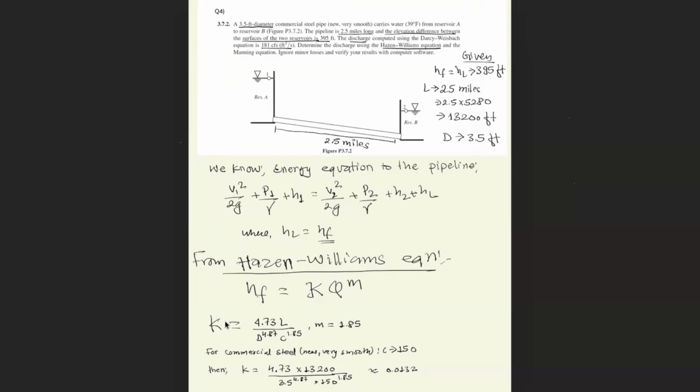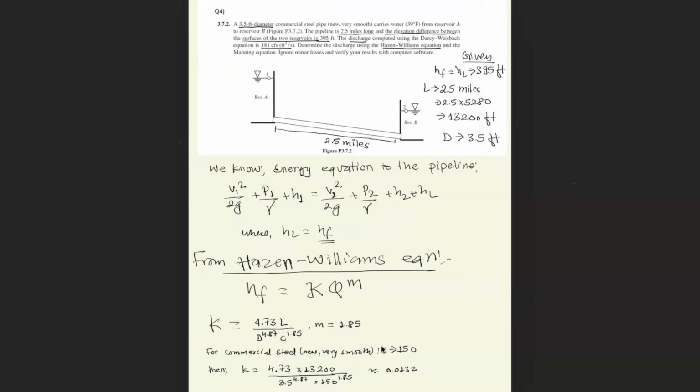For K is equal to 4.73 L divided by D to the power 4.87 times C to the power 1.85, whereas this power M value is equal to 1.85. We can also see this from the unit section of our textbook.